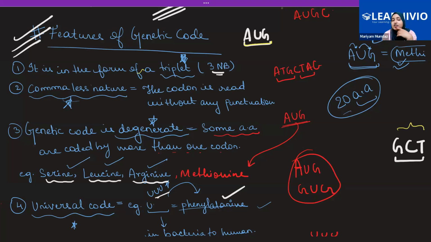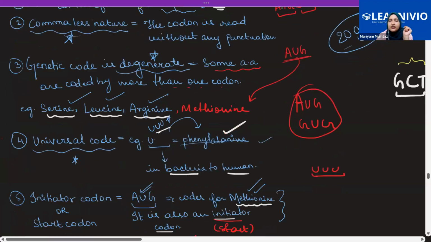Third, the genetic code is degenerate, meaning some amino acids are coded by more than one codon. For example, serine, leucine, arginine are coded by more than one codon, so multiple codons code for the same amino acid.